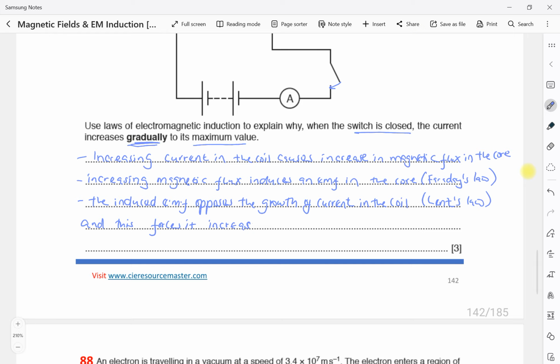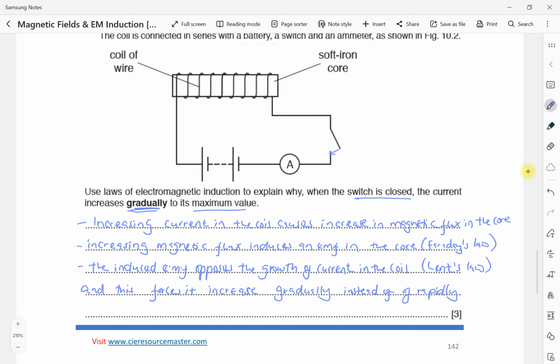To increase gradually instead of rapidly. So that's why it grows gradually instead of rapidly. Lenz's law: if we close the switch, there's an increase in current in the coil, which by Faraday's law induces an EMF in the core.